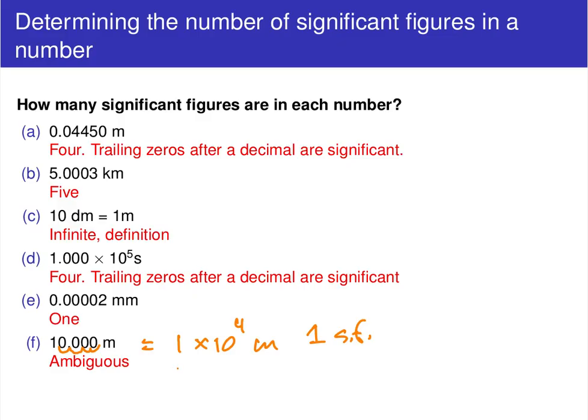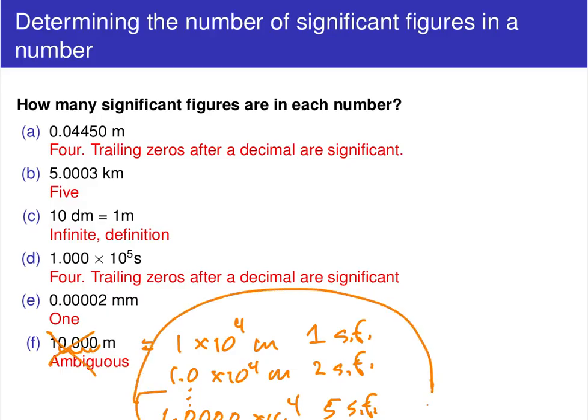If we wanted an additional one, we'd write 1.0 times 10 to the 4 meters for 2 sig figs, and on up. If they were all significant, then we'd write 1.0000 times 10 to the 4, and then we would be representing 5 sig figs. Okay, so never do this. Always write one of these guys in scientific notation.